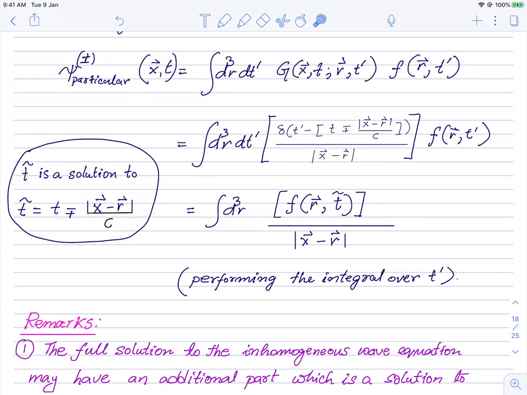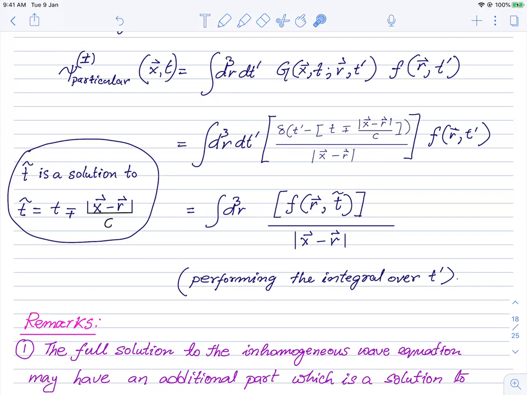So in this sense, it seems that the advanced solutions are unphysical, and therefore we are going to throw them away. In the electrodynamics that we are going to discuss, we are going to discard the advanced solutions, saying that they are unphysical because they don't comply with this notion of cause having occurred before the effect.